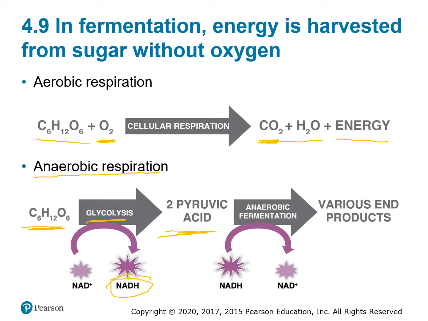But now, instead of moving on to the citric acid cycle and then the electron transport chain, without the presence of oxygen, there is anaerobic fermentation that can occur. And in this process, the NADH that is made in glycolysis can then be recycled back to NAD that can then be reused.